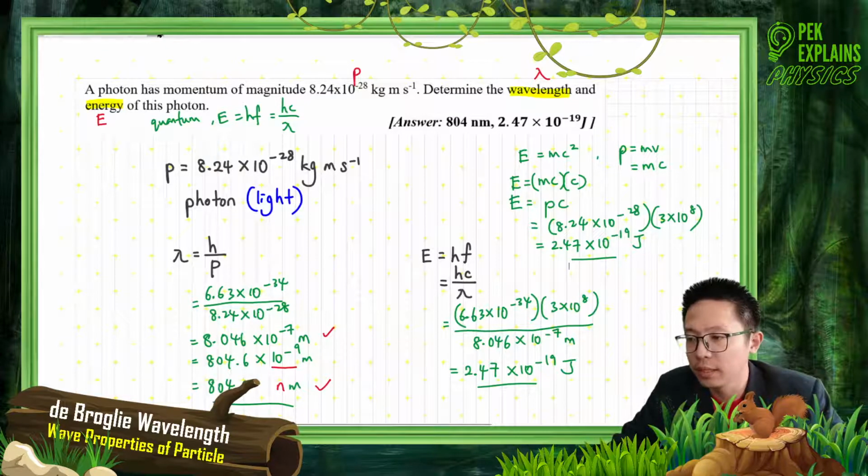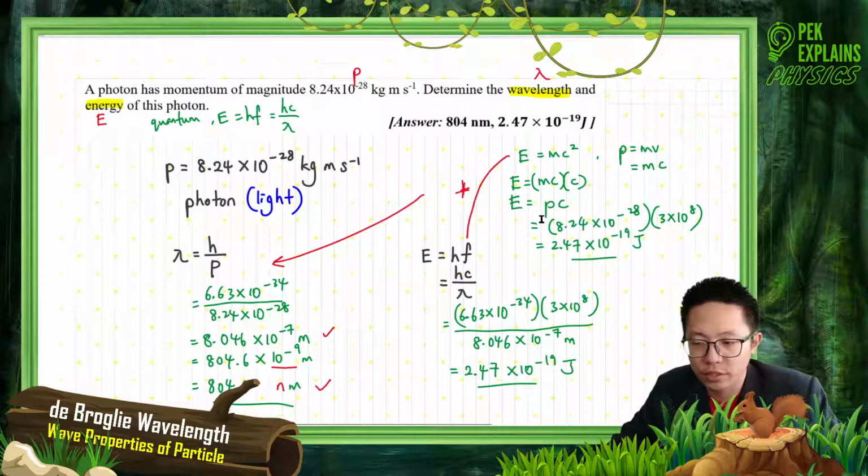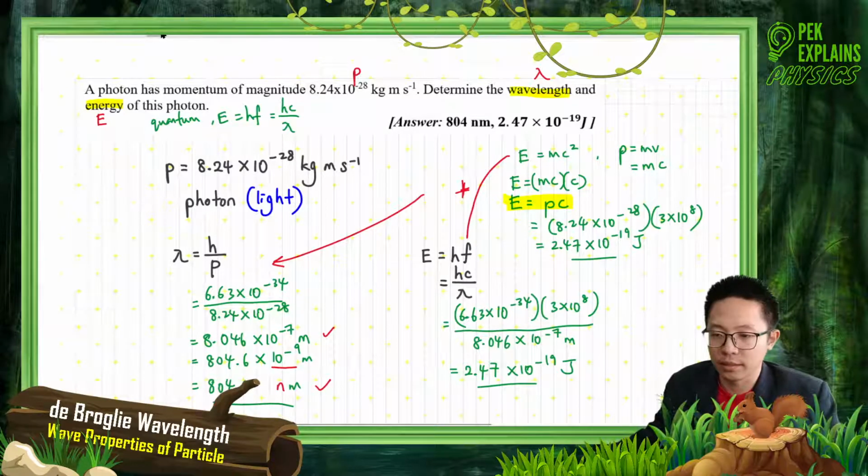These two formulas combined, we get this formula. That's why for energy you get the same answer: just use energy equal to momentum times speed of light. The momentum given, P, multiplied by the speed of light, you still get the same energy of the photon. So these two answers are correct. Let's move on to the next question.